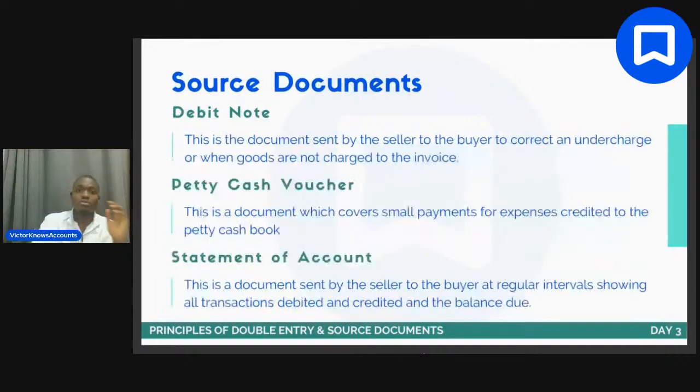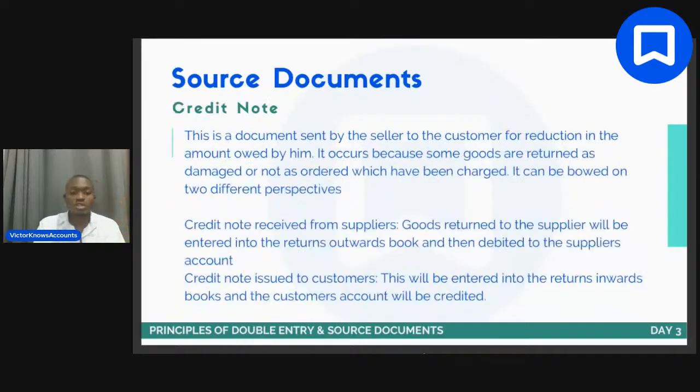Now, let's just take note of this. The credit note is a document sent by the seller. First of all, take note of this. The credit note is sent.